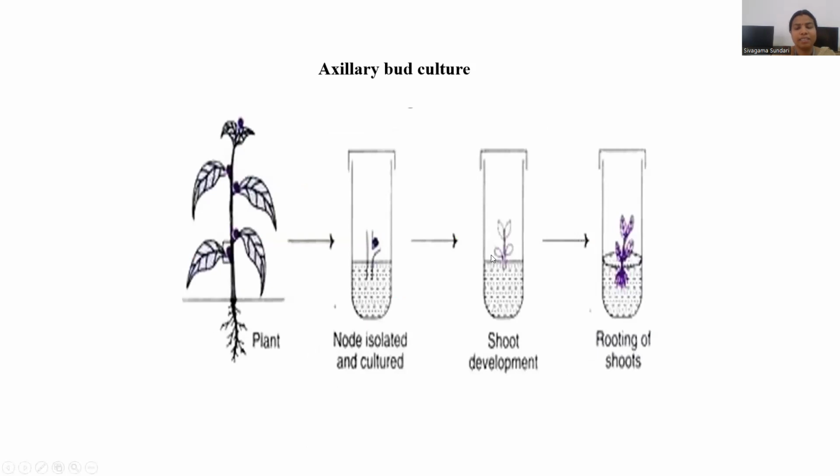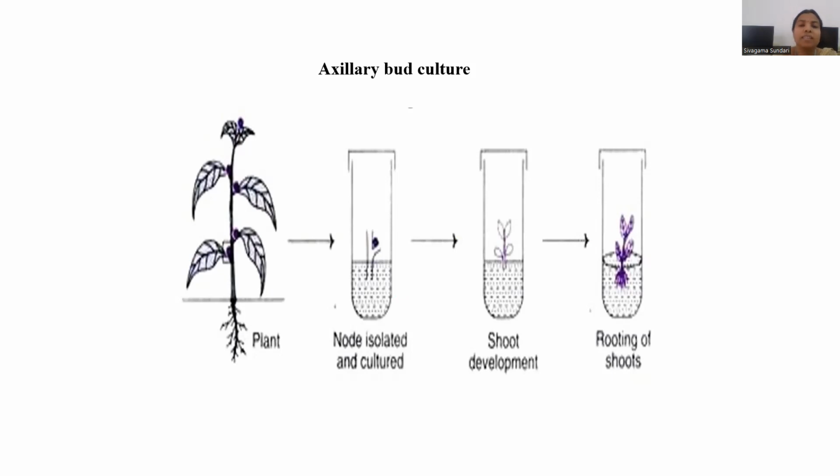And the second technique is the nodal culture or bud culture. Buds in the nodal region of any plant, you can cut as an explant and start the micropropagation. Buds are nothing but dormant. So if you want to do bud culture, you have to cut off the meristem tip. Once a meristem tip keeps on growing, it won't allow the dormant bud to grow.